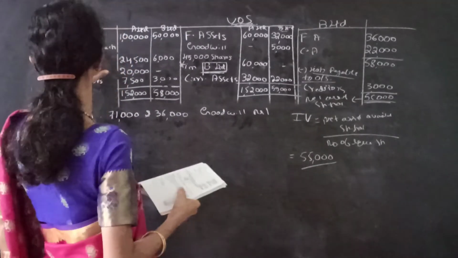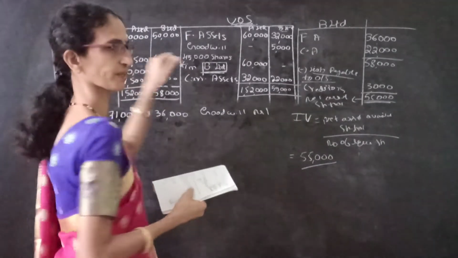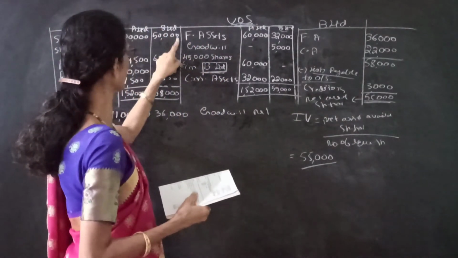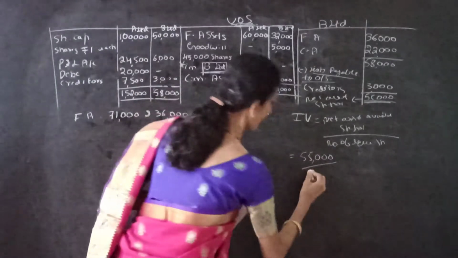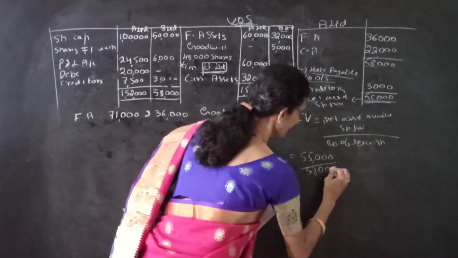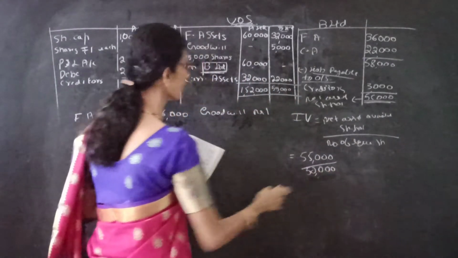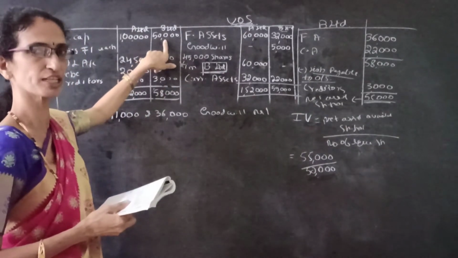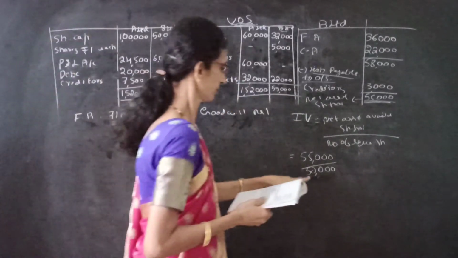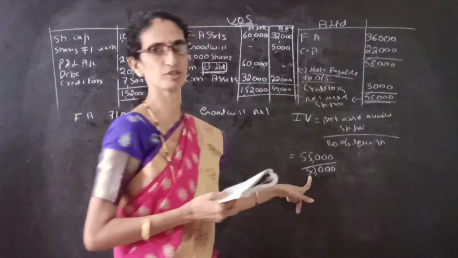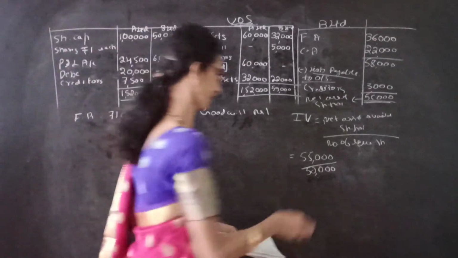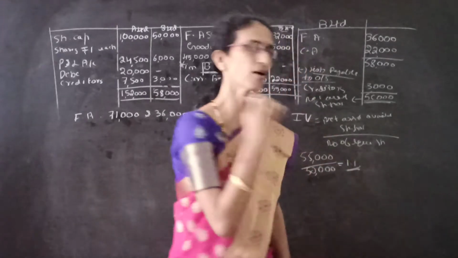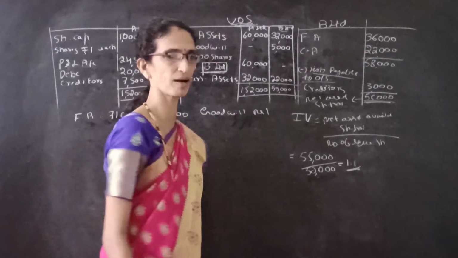See here share capital, shares of rupees 1 each. So the face value of the share is 1 rupee. So 50,000 divided by 1, the number of shares is 50,000. So the value of shares of B Limited is 1.1.